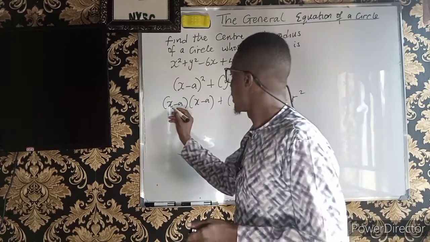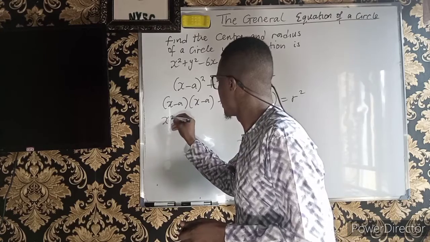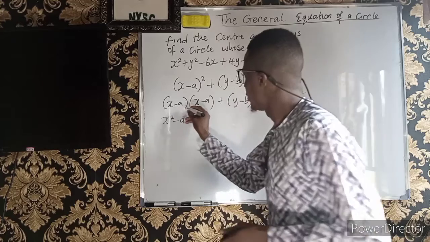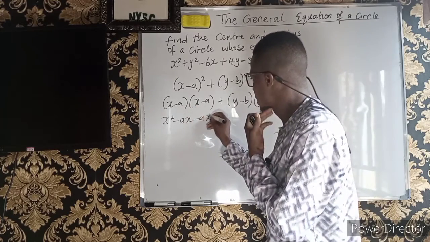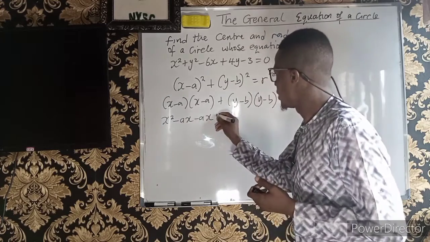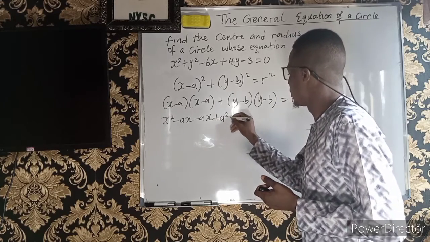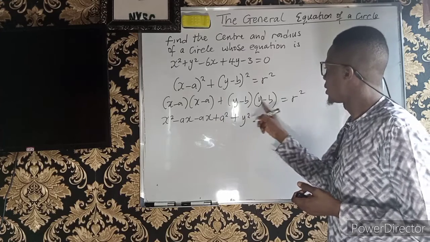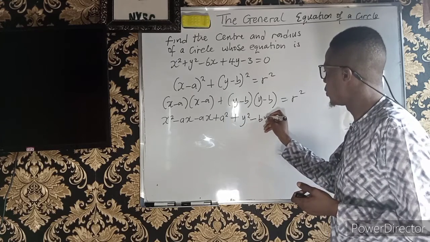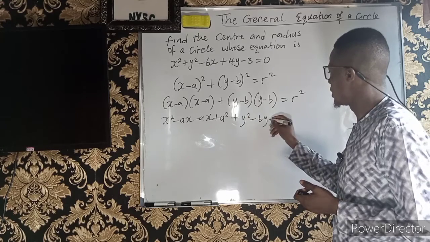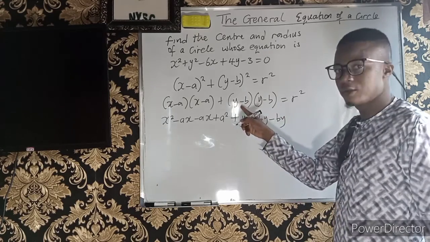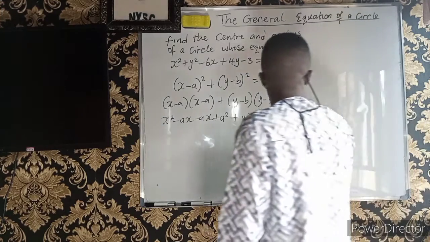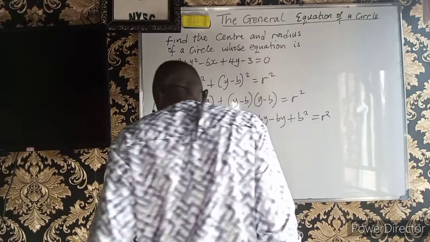Now, if I open the bracket, I have x times x, which is x². x times −a is −ax. −a times x is −ax, and −a times −a is plus a², plus, I come here, y times y is y², y times −b is −by, −b times y is −by, and −b times −b will give us plus b². Everything equals this r².